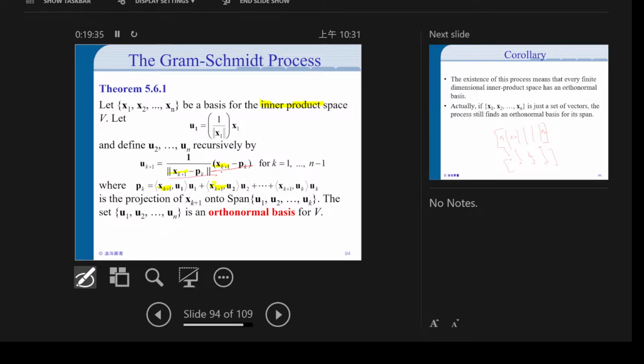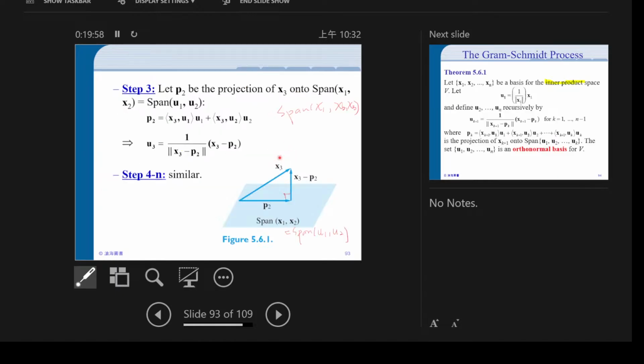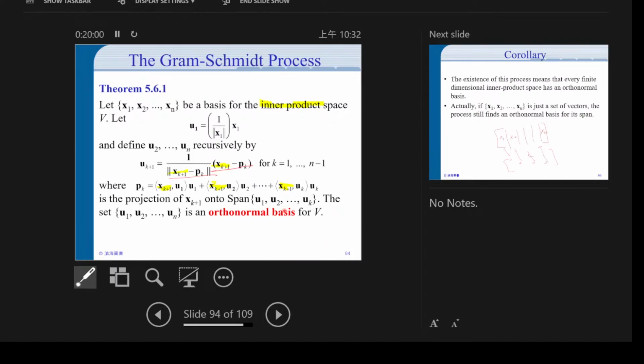So we have xk plus 1 minus its projection onto the previous thing, and because it's xk plus 1 projection, you have inner product of xk plus 1 with all those u you have found as coordinates, and just a linear combination of those u is pk, and xk plus 1 minus pk, so intuitively it is this picture. It will be the orthogonal component, and you normalize it, it will be the next u.